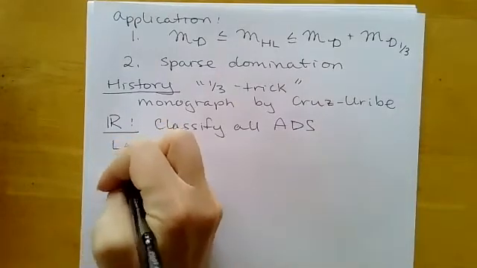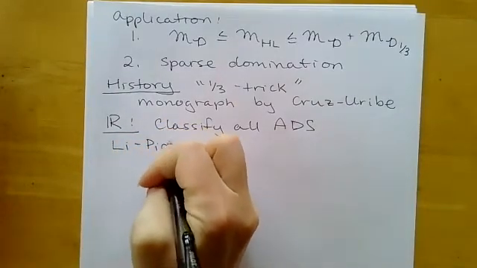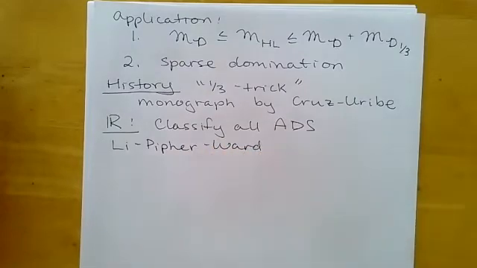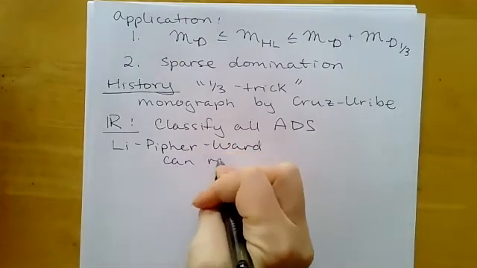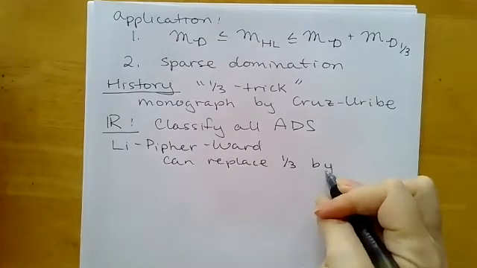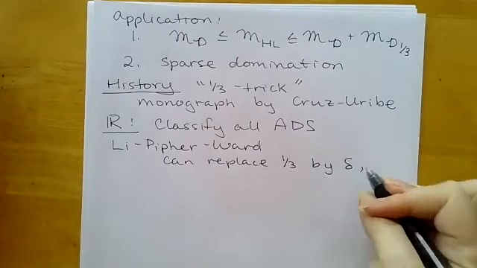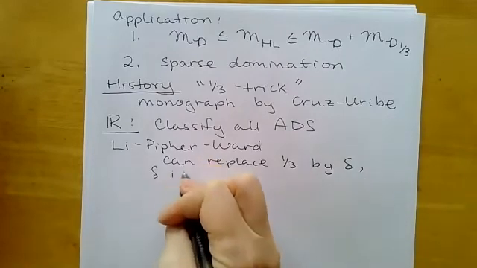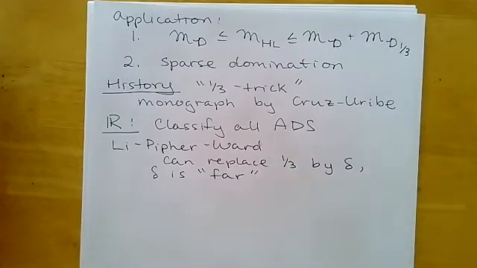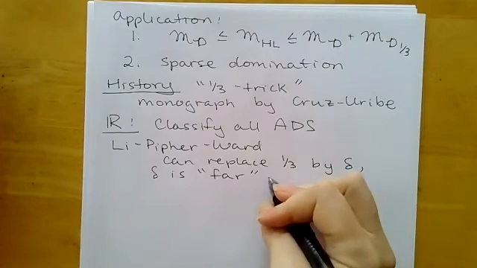And one work in this direction was by Lee, Pfeiffer, and Ward. And what they did is they showed that you can replace 1/3 by delta, where delta is a far number, which I will define shortly, and you'll still get an adjacent dyadic system.